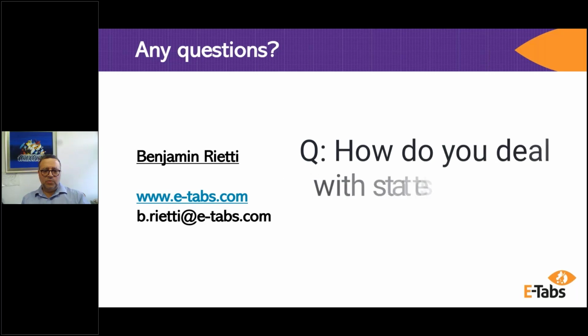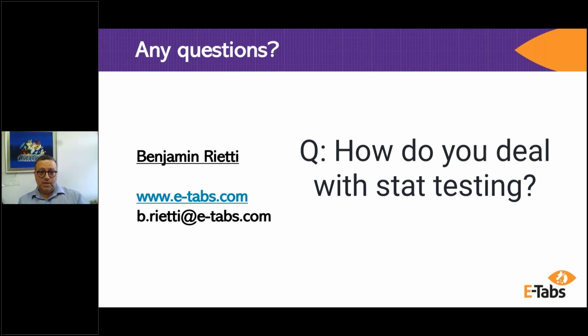How do you deal with stat testing? Good question. Two different ways. You could either be pulling stat testing that you already have, maybe in your tables, where the different columns are labeled ABC and so on. We can pull those notations into the automation process and show them on the charts and in the tables as the ABCs. We can even remap. So let's say you're pulling in columns DEF, but you want to show them on your slide as ABC, we can remap the stat testing.